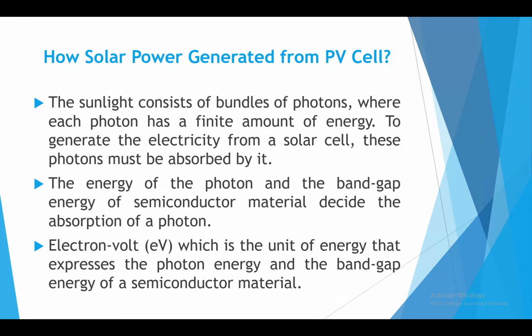The energy of the photon and the band gap energy of the semiconductor material decide the absorption of photons. The electron volt is the unit of energy that expresses the photon energy and the band gap energy of semiconductor materials.